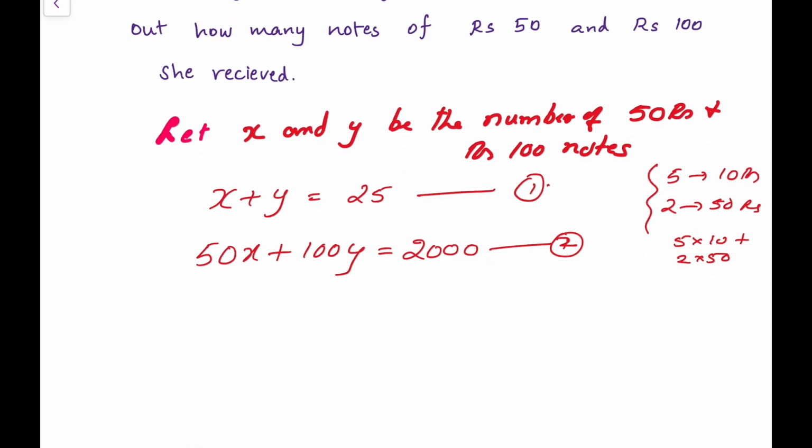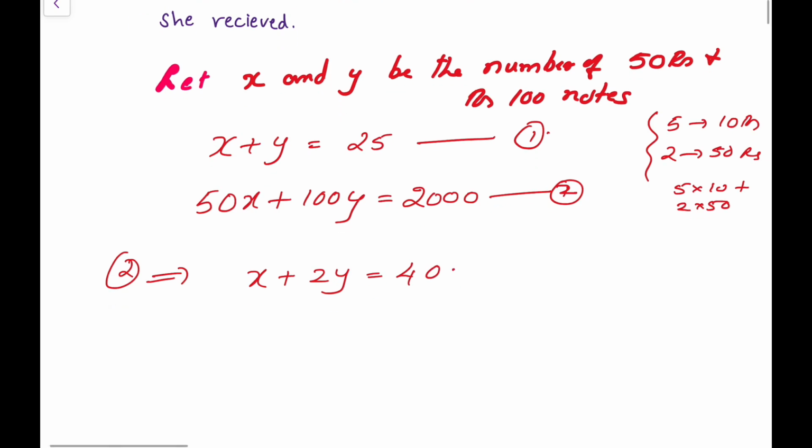So the solving is normal. You have already learned various methods. Now we can convert equation 2 by dividing throughout by 50, as x plus 2y equal to 40. So this is equation 2. Now equation 1 we will write it again: x plus y equal to 25.